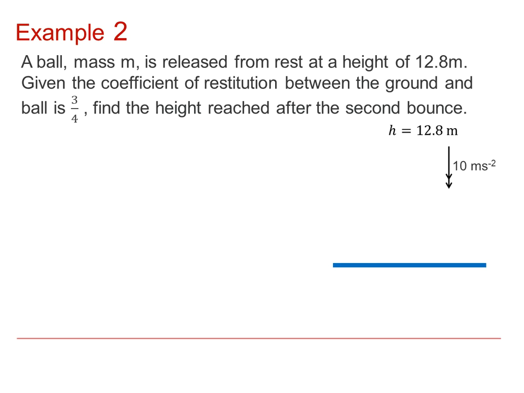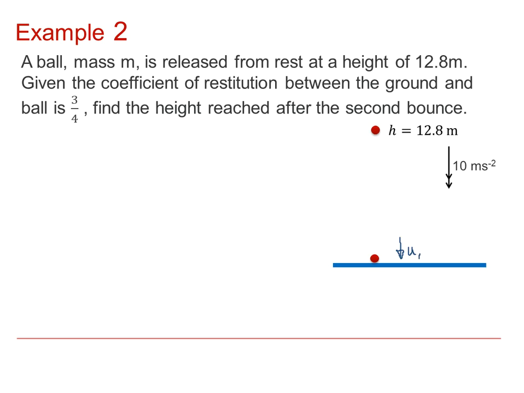So let's consider the first part of that motion, when we start off at a height h and then the ball falls to the ground. Just before the impact, let's consider the speed of the ball before that impact. Let me call that u1.